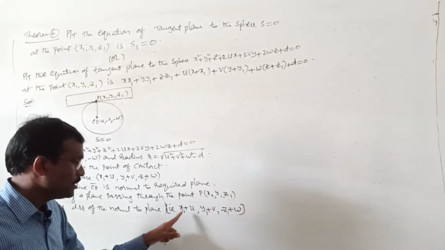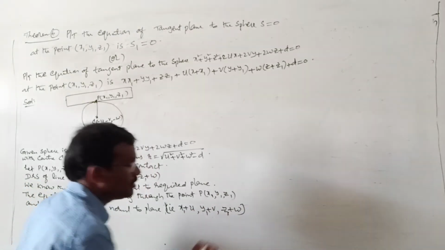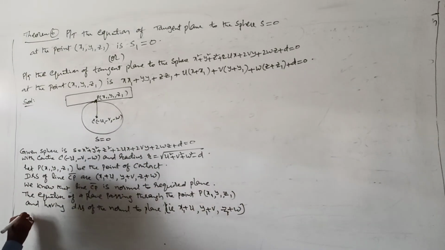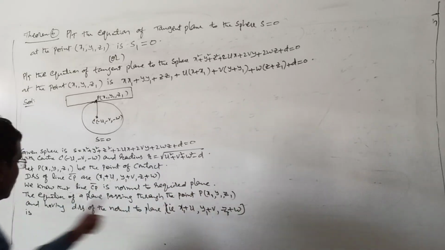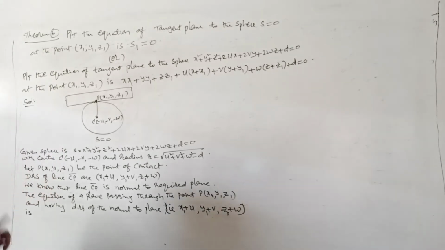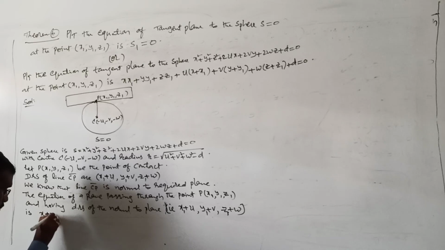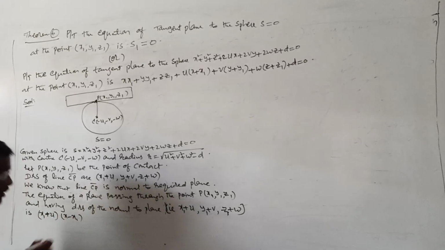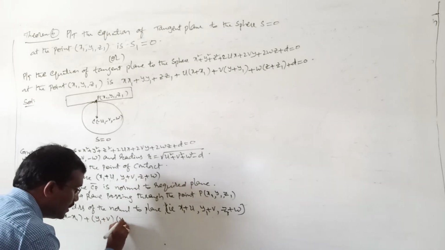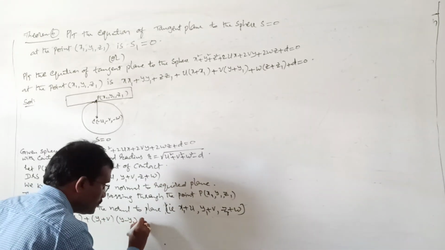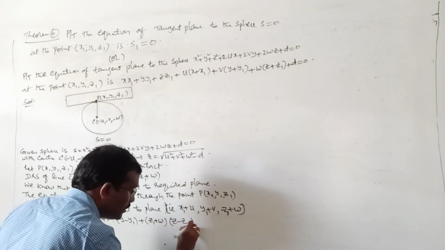Then what is the plane equation? A into x minus x1 plus b into y minus y1 plus c into z minus z1 equal to 0. That I am doing here. This implies that the equation of the plane passing through this point and having normal direction ratios is x1 plus u into x minus x1, plus y1 plus v into y minus y1, plus z1 plus w into z minus z1 equal to 0.